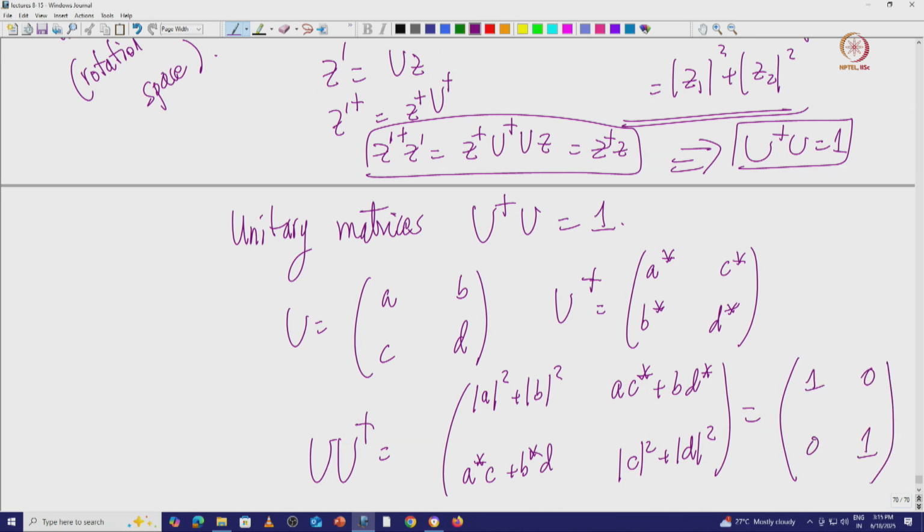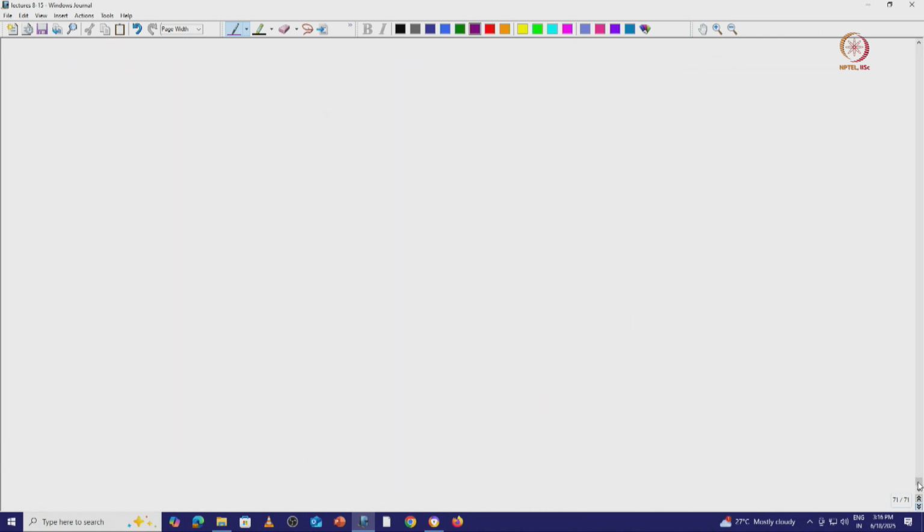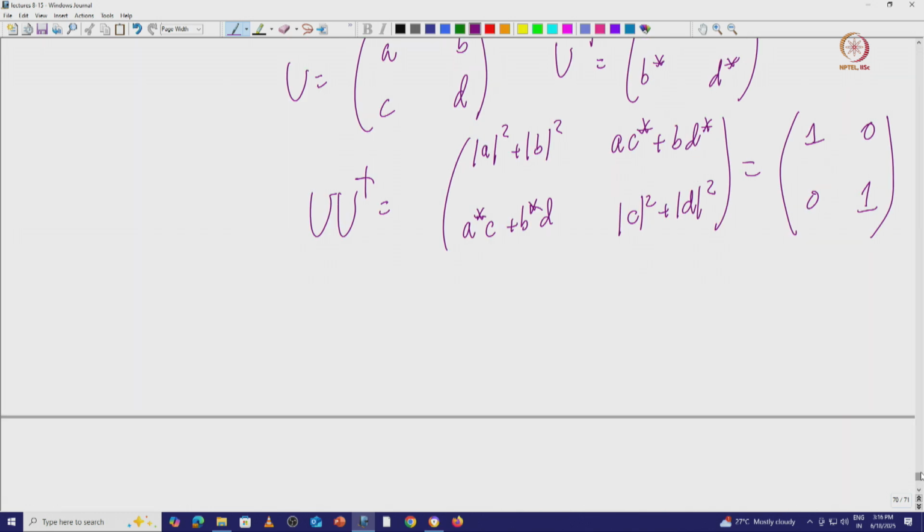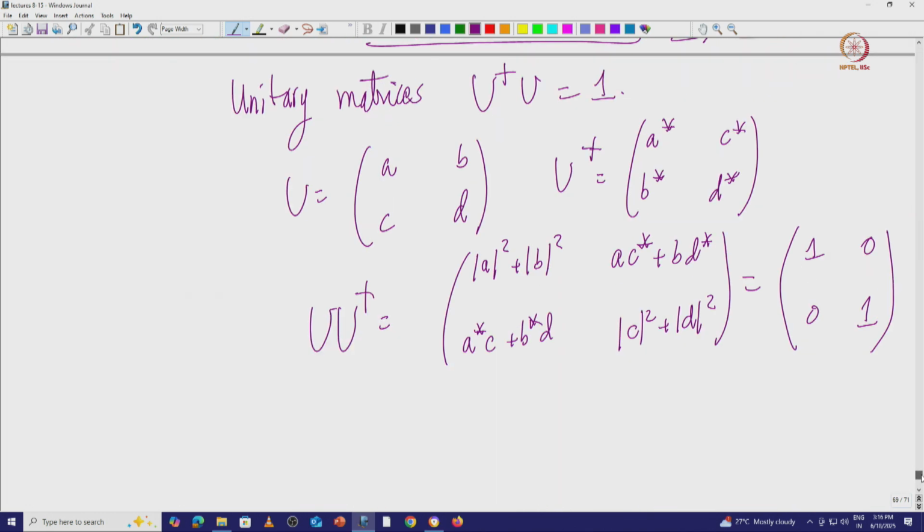So what we are doing is exactly like what we did with orthogonal matrices. We are trying to calculate how many independent parameters are required to explain a unitary matrix essentially. So let's see the conditions. First of all, let's count the number of parameters. There are 4 complex parameters, a b c d, that is equal to 8 real parameters, 1 for the imaginary, 1 for the real part.